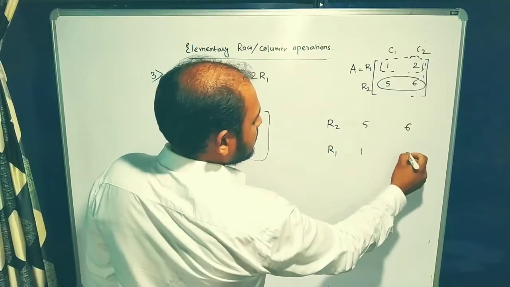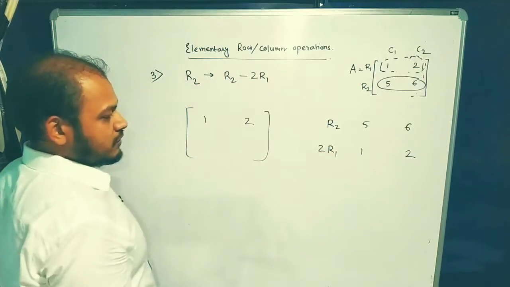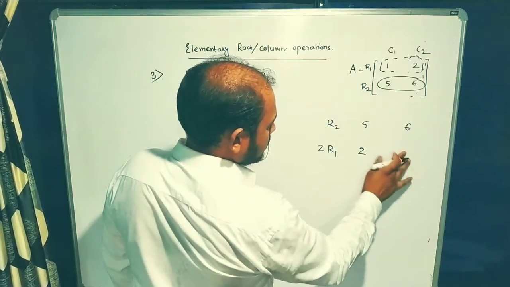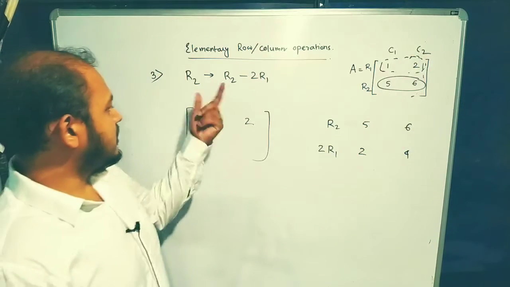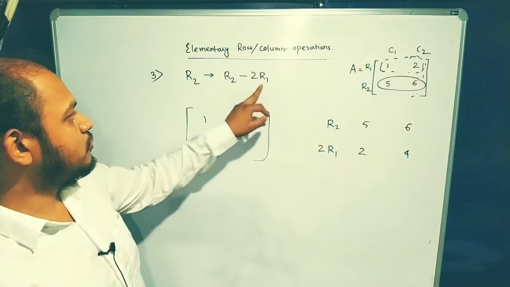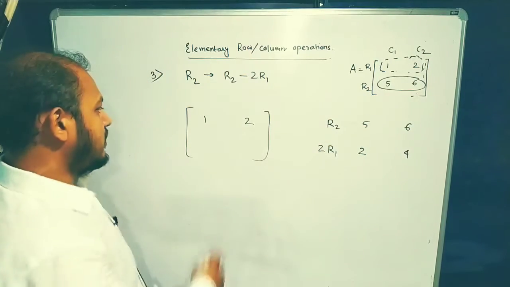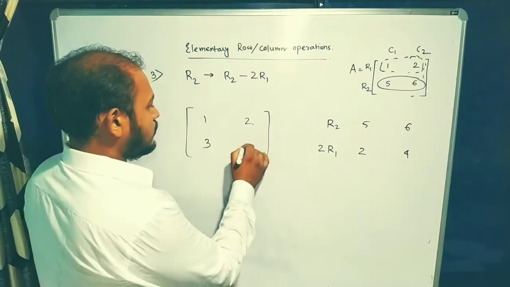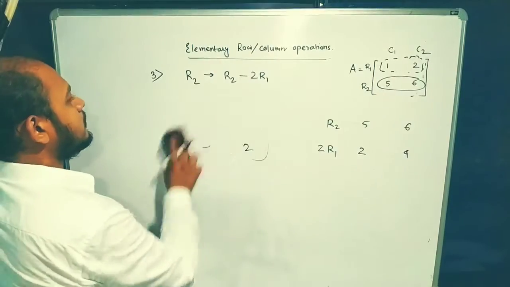And we have 1, 2. So if you multiply the first row with the number 2, then 1 becomes 2 and 2 becomes 4 after multiplication with 2. Now here in the second row we have to write R2 minus 2R1. So R2 minus 2R1 is 5 minus 2 is 3 and 6 minus 4 is 2. Okay, let's look at another example.